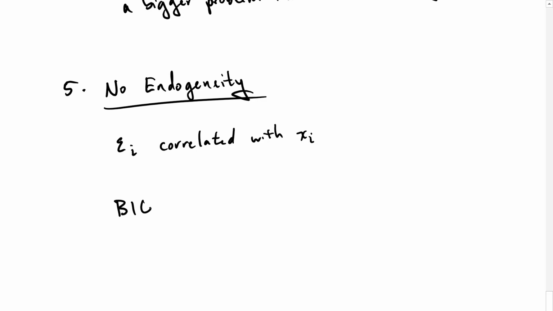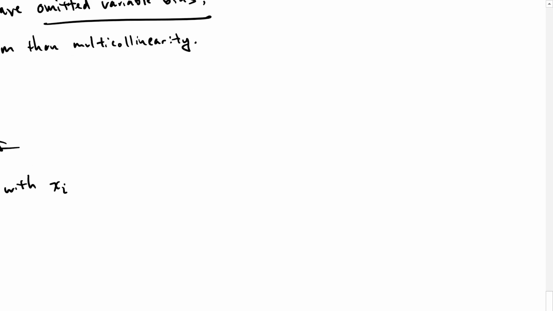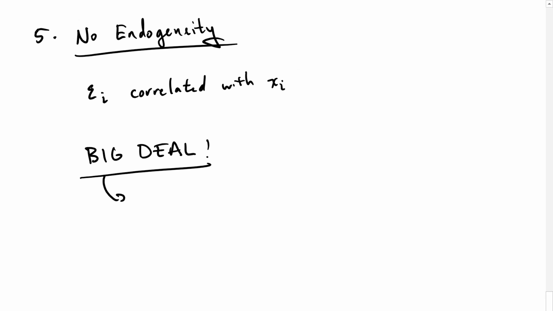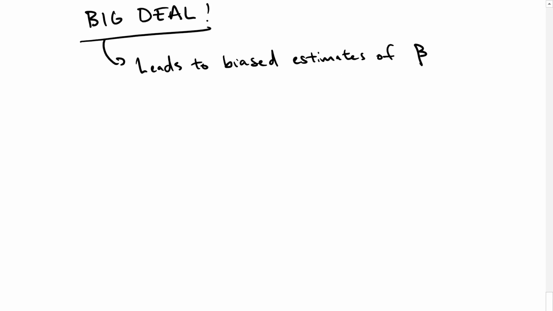And this one is a big deal. This is the only one of the 5 that's really the biggest deal of them all, and that's because it leads to biased estimates of beta, right?